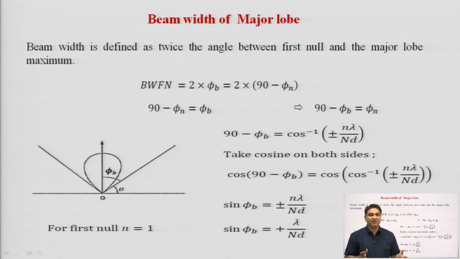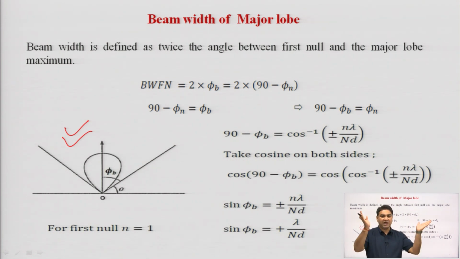This is the diagram where we have shown the BWFN, where the adjacent two side lobes are originating. The minima directions of the side lobes have been calculated, and by using these directions we can calculate the beam width of the major lobe where n number of elements are used for making an antenna array system.